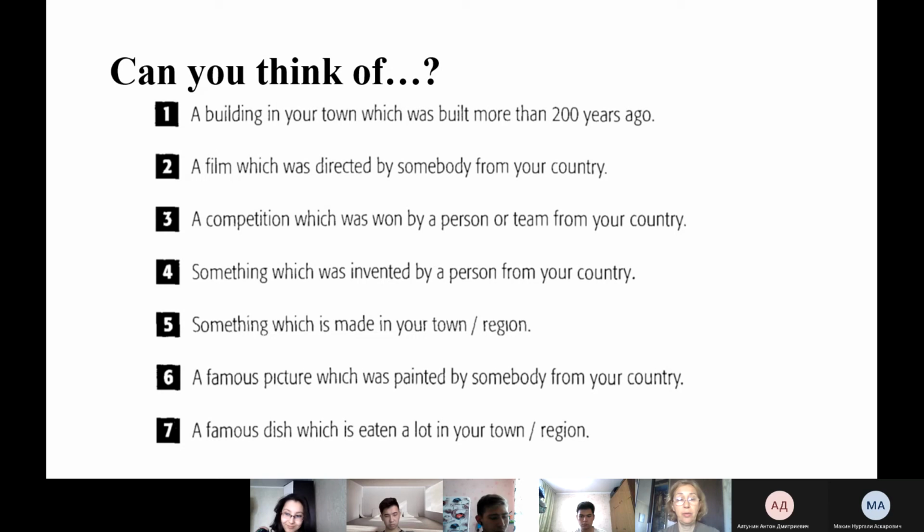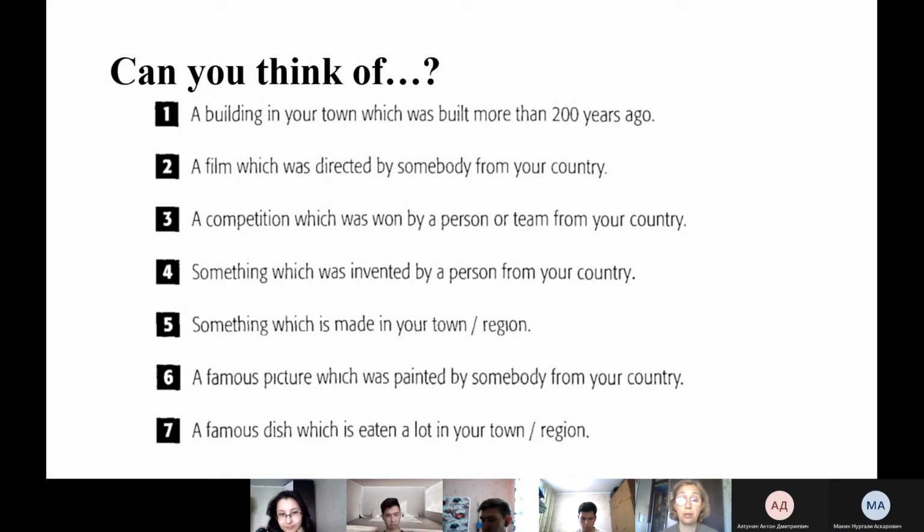So, are there any other ideas, Nurgali? Do you have any ideas about such buildings in your town? No. В Петропавловске есть такие здания? Возможно, есть, я не знаю точно. I see.